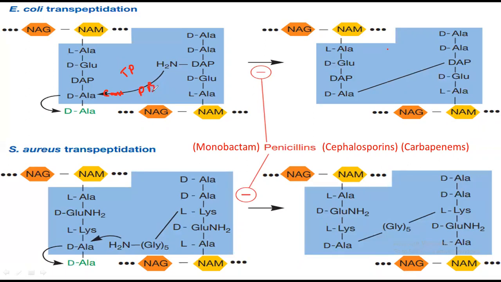It forms a peptide bond, just like this peptide bond. So these antibiotics do not allow the transpeptidation reaction. Just look here, it is also a transpeptidation reaction, but there is a bit of difference, because here direct transpeptidation occurs, and here a pentaglycine chain is attached.